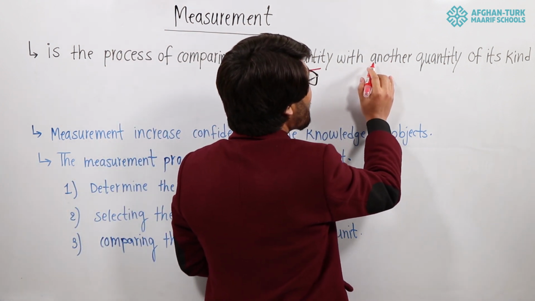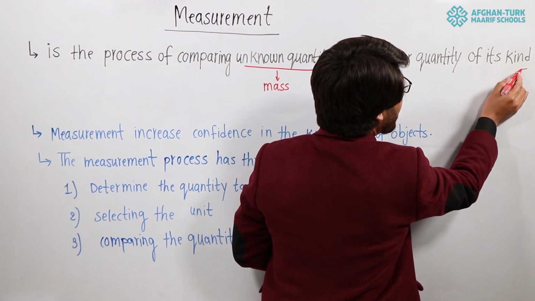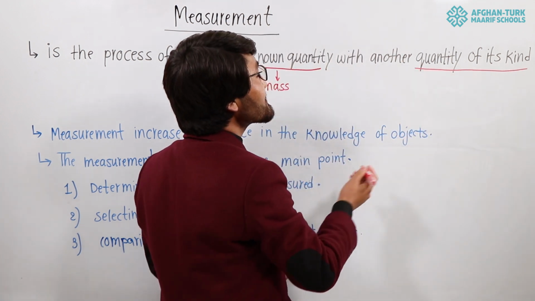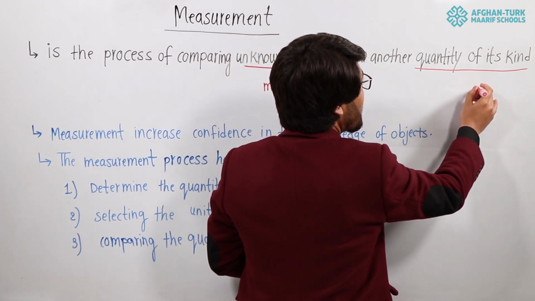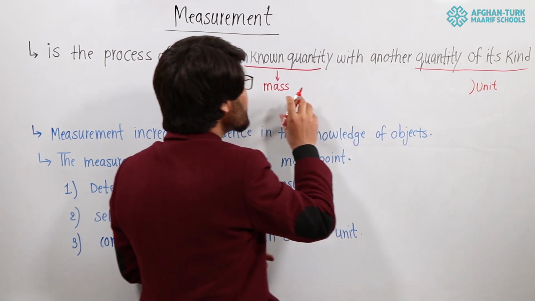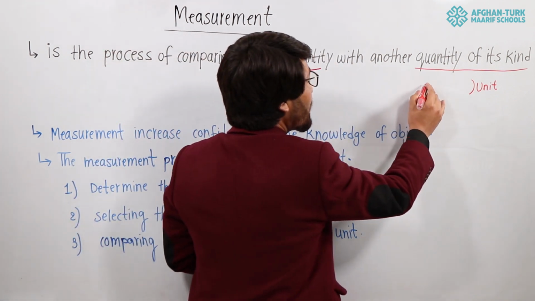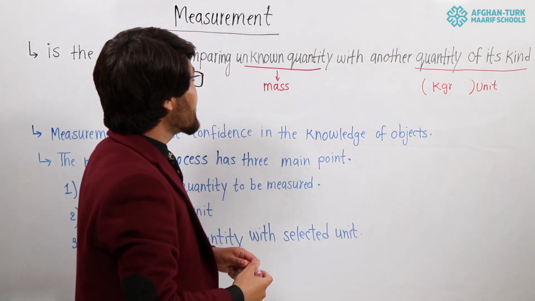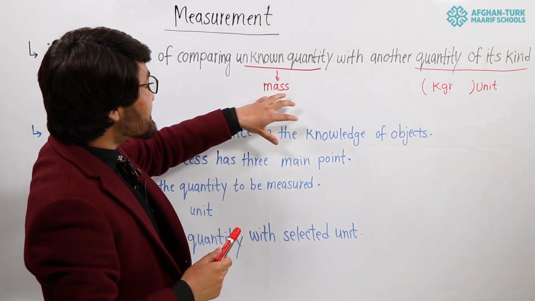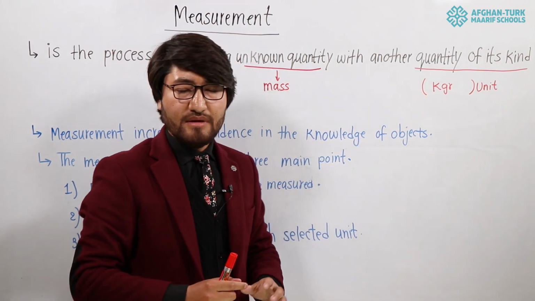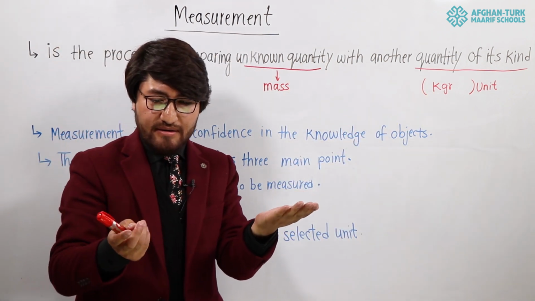What is another quantity of its kind? It means unit. Okay, how do we compare mass? We compare mass with the kilogram, because the unit of mass is the kilogram.